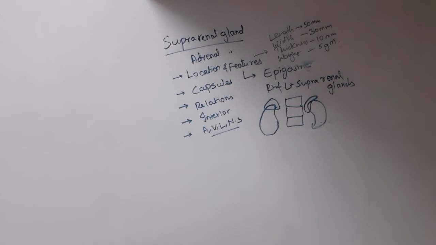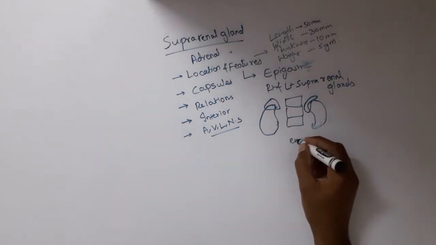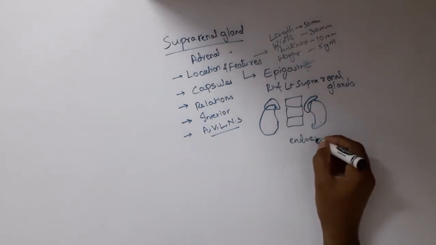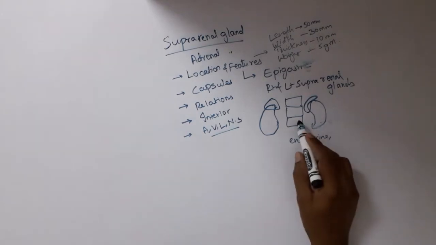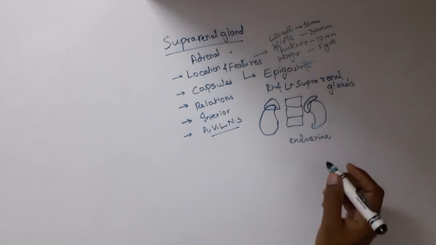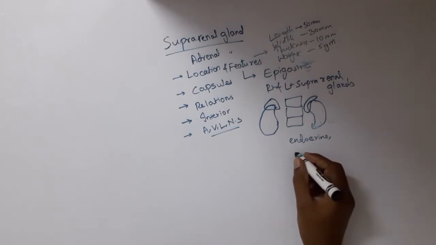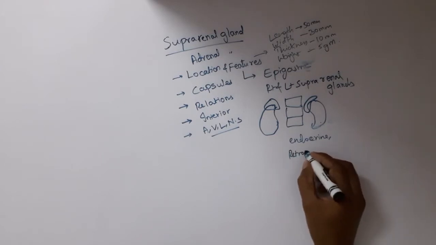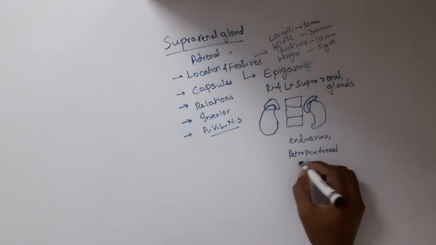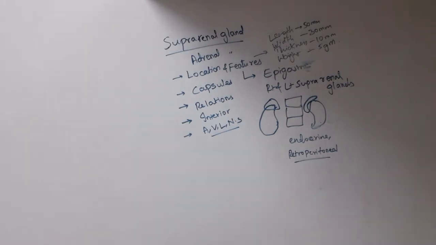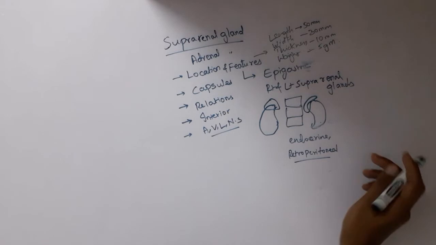So this is a paired endocrine gland, related on either side closer to the vertebral column, with the upper part of the kidney, and it's a retroperitoneal organ which is in close relation with the posterior abdominal wall.